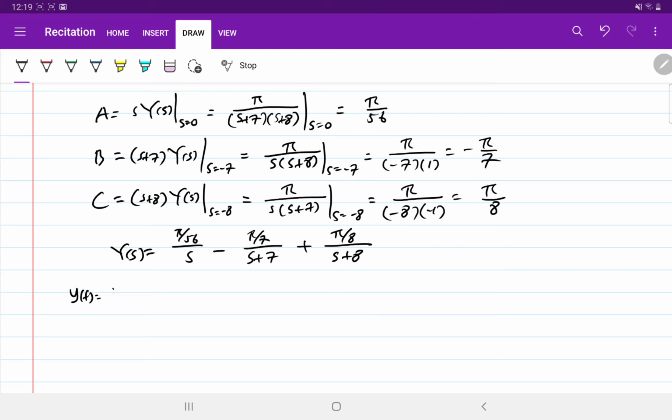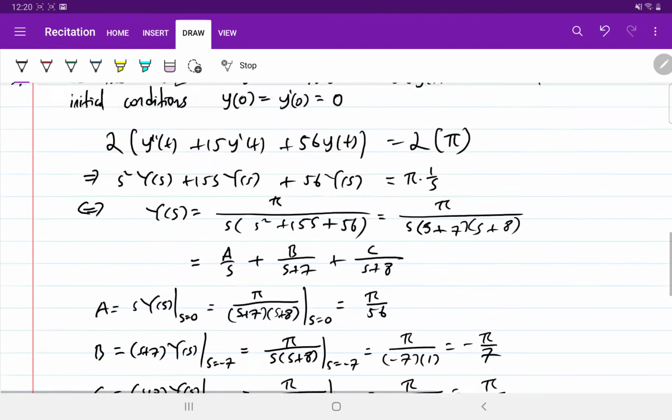So y of t is the inverse Laplace of y of s, and this is a step function, so pi over 56, and here we have minus pi over 7 e to the power minus 7t plus pi over 8 e to the power minus 8t, and that's the final solution. And this is for t greater than or equal to 0.